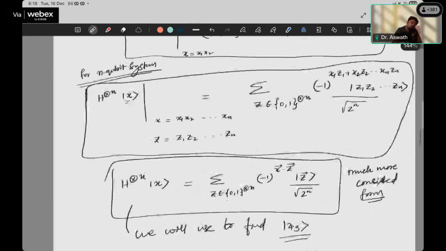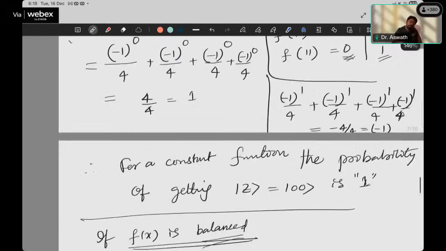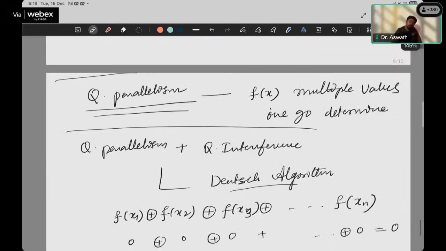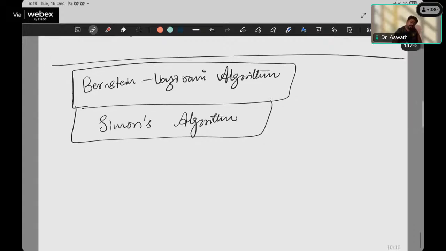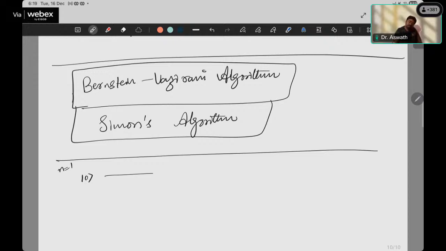For your own sake, I can derive a simple scenario, n equal to 1. There is one query bit and another one is 1. One Hadamard goes through each.